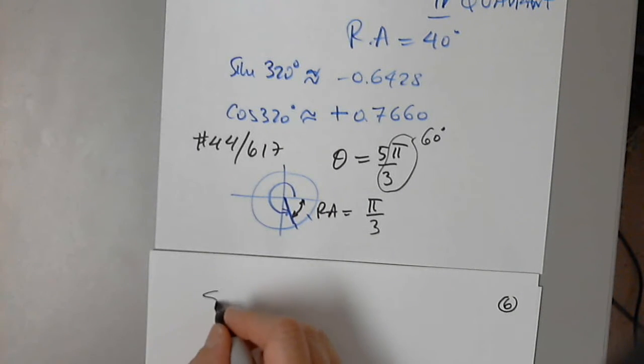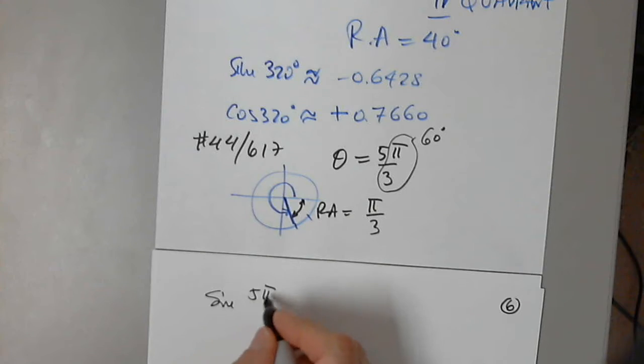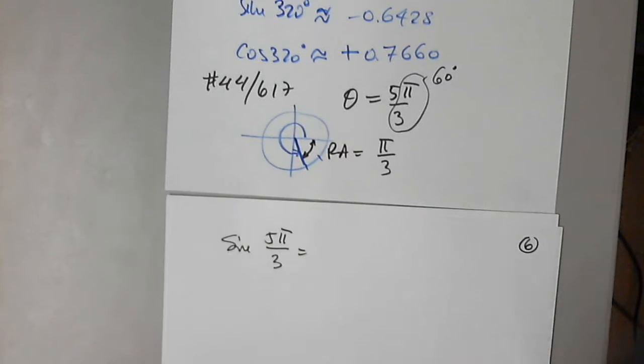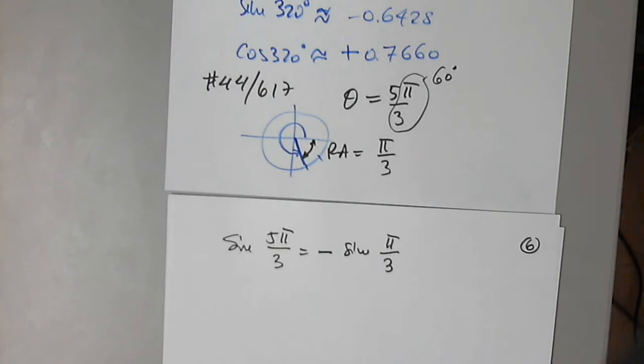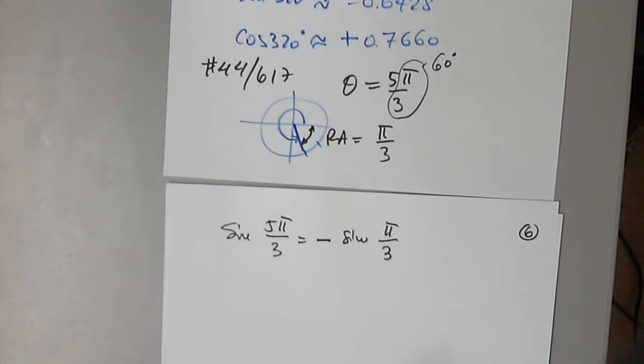Sine of 5 pi over 3 equals the opposite of sine of the reference angle. The reference angle is 60 degrees, so sine of 60 degrees is positive. But this sine of 5 pi over 3 must be negative because its terminal side is in the fourth quadrant. For cosine, I write the same, but positive.